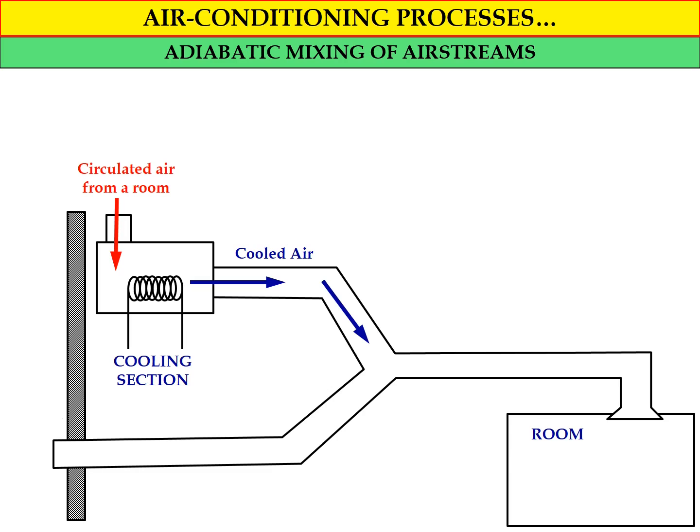Let's say we have another air ducting line where the outside air, or fresh air from the outside, will enter the air ducting system. This cool air from the cooling section will mix with fresh air, and the section that mixes cool air and fresh air together we call the adiabatic mixing of air stream section.